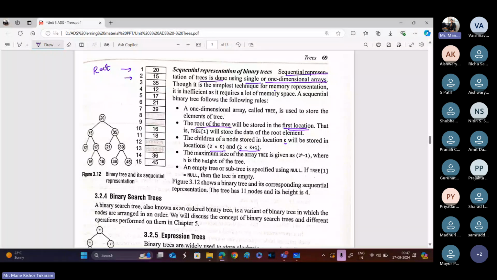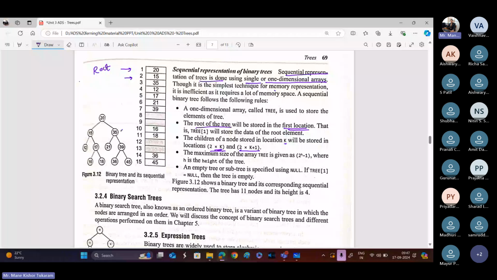Here the value of k is 1. So we use the second and third locations for 15 and 25, 35. Then the fourth, fifth, sixth, and seventh locations for these.